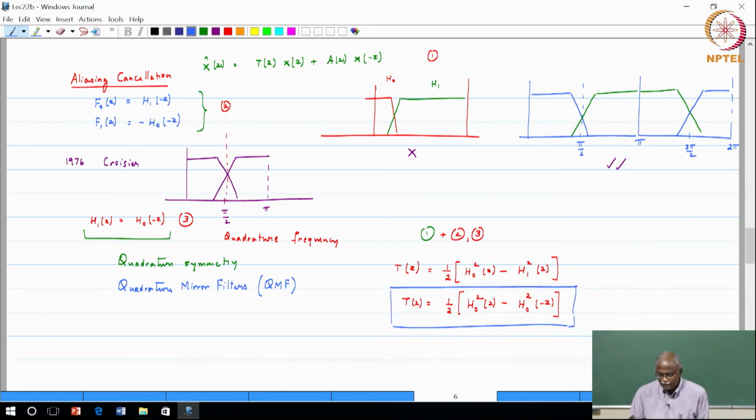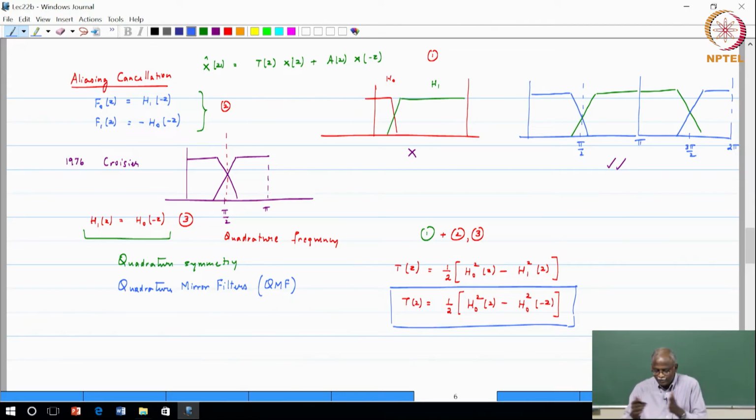This is an observation that came from introducing the quadrature mirror filters. If I design it to be a quadrature mirror filter to begin with and choose the synthesis filters according to equation 2, then the overall transfer function depends only on H naught, because H1 and H naught are related to each other, and F naught and F1 are related to H naught and H1.